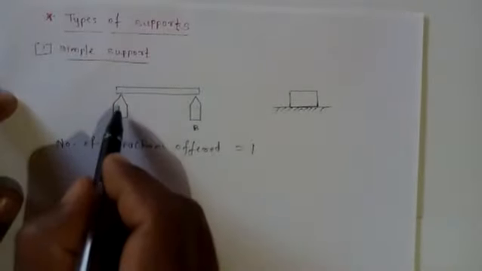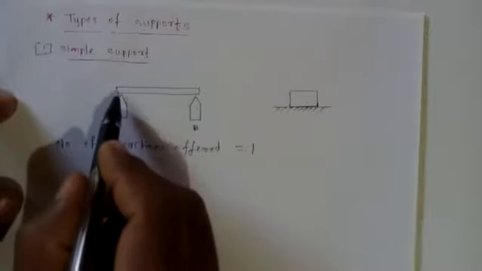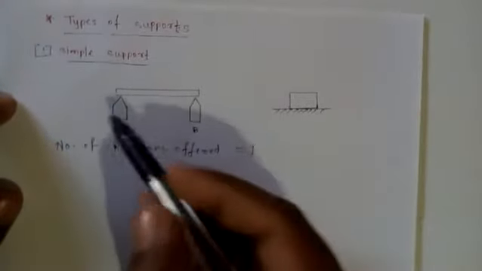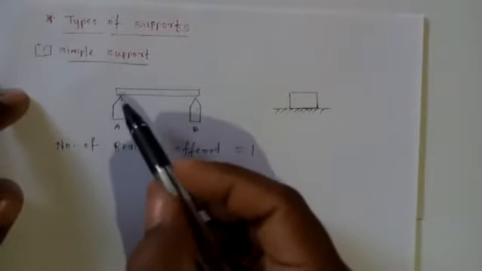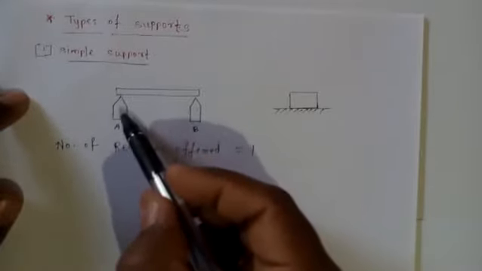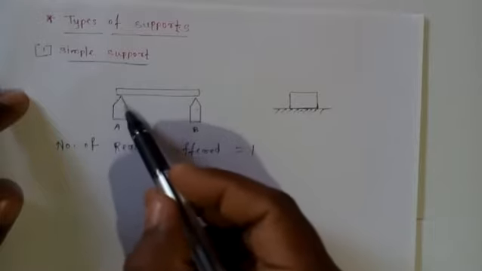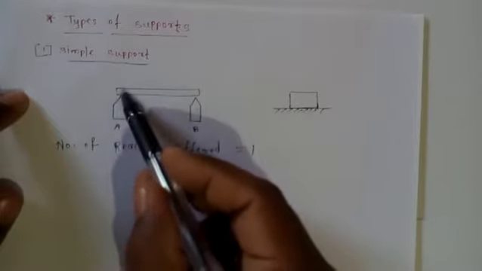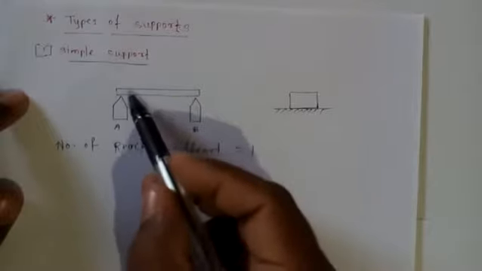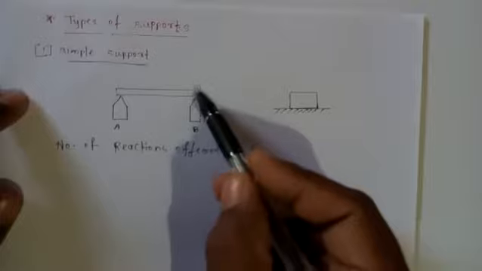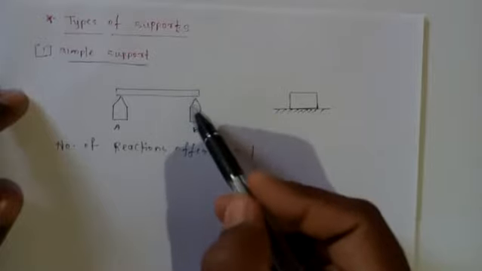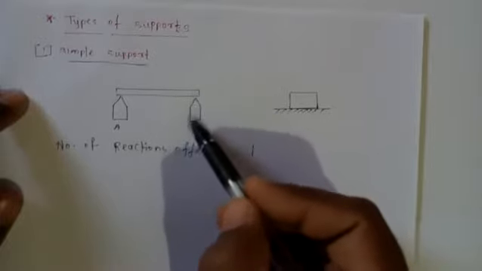Here you can see at this support A, as the beam is kept over here, the beam cannot move in the downward direction. Why? Because of this support A, there is a restriction to the motion of this beam or this rod in the downward direction, and the same happens at point B also. There is a restriction for the motion towards the downward direction at point B also.